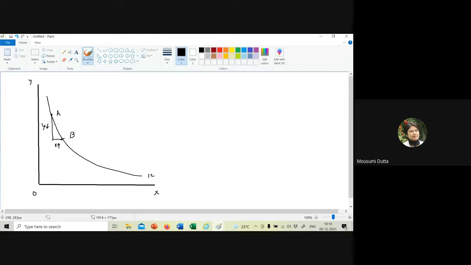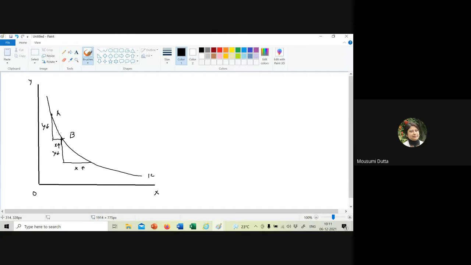The second point is, as we continuously substitute Y by X, the amount of X we need to meet up the same loss in Y will increase. Which means if I want to keep the loss of Y by the same amount, here also I'm losing some amount of Y as consumption of X is increasing, number one.